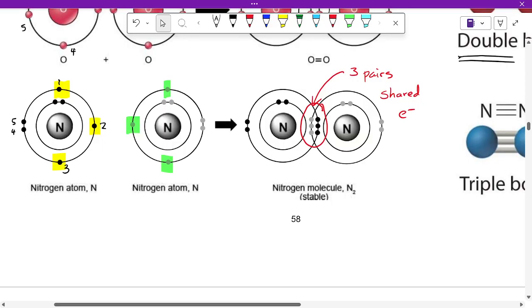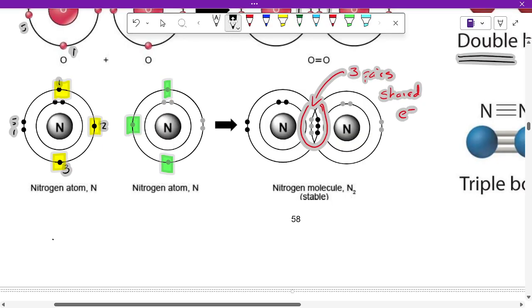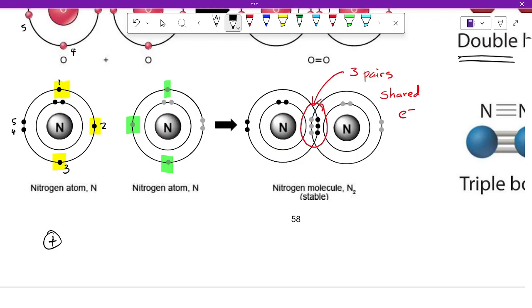I got a question for you. If I have a nucleus and I have 2 electrons, and I got a nucleus. And let's say I have a different one and I've got a nucleus.